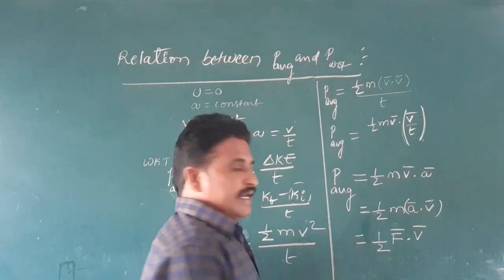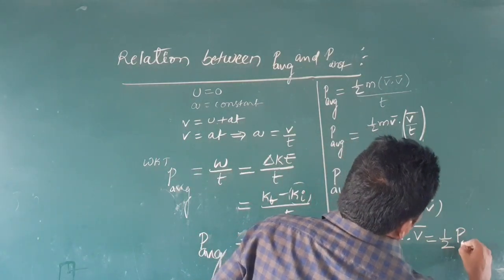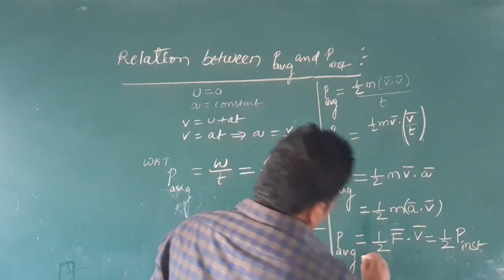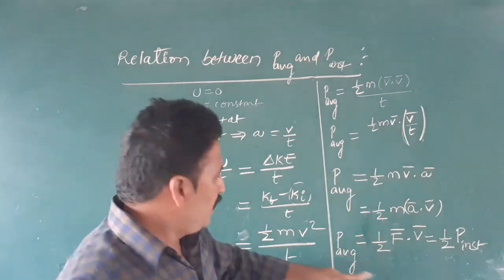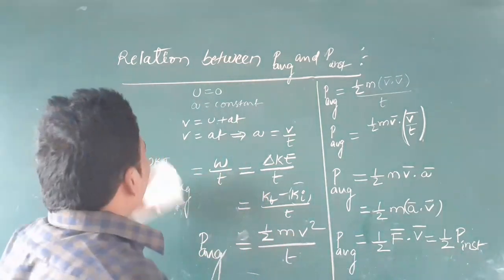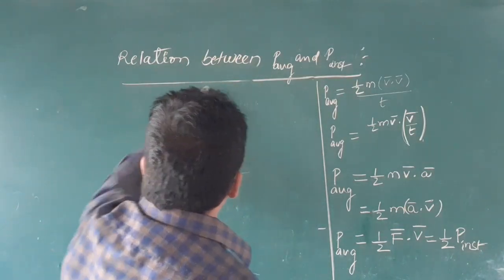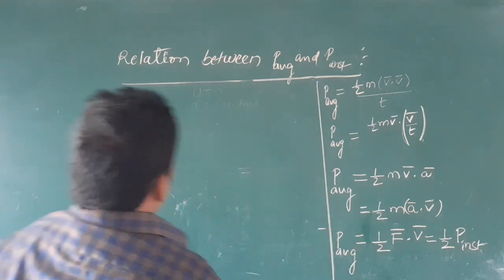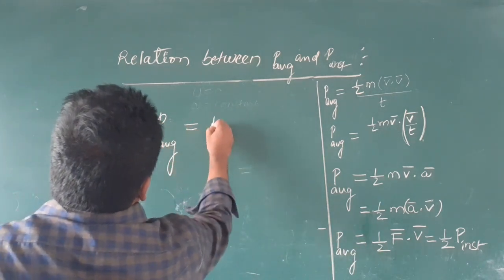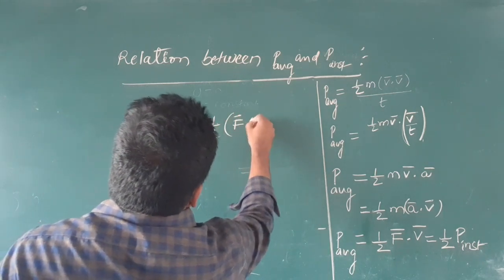So here we can write half into P instantaneous is equal to P average. See this? P average is equal to half into P instantaneous. Finally, the relation between the instantaneous power and the average power: average power is equal to half into F bar dot v bar.